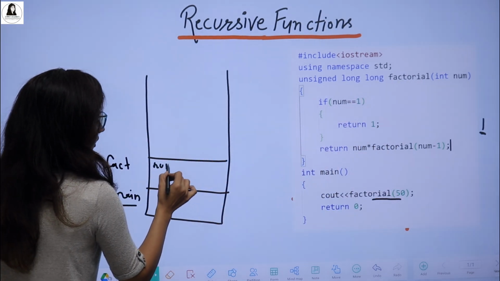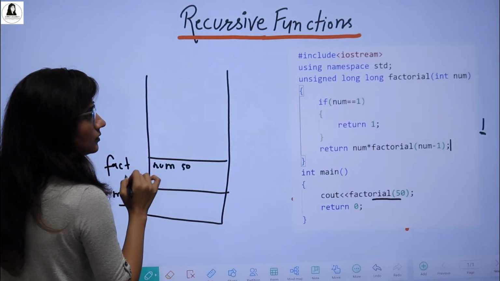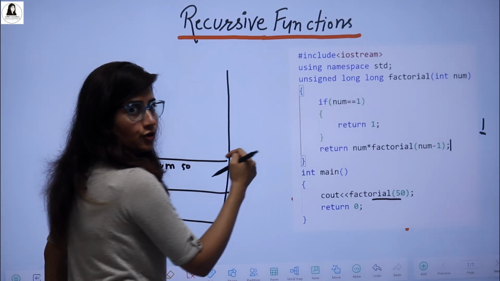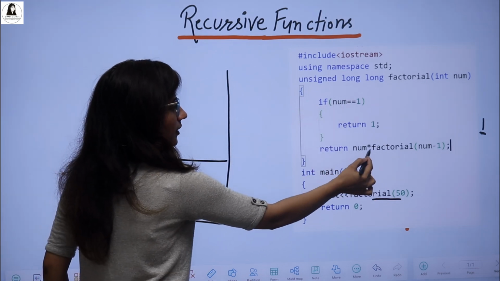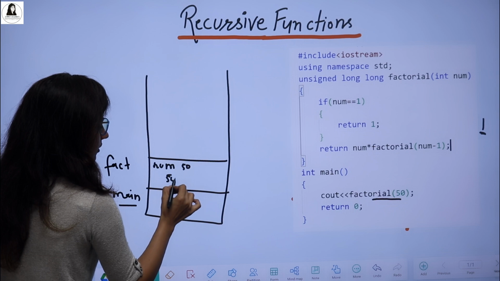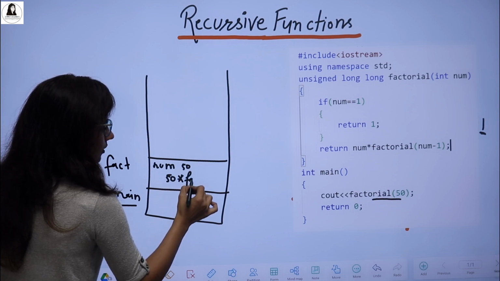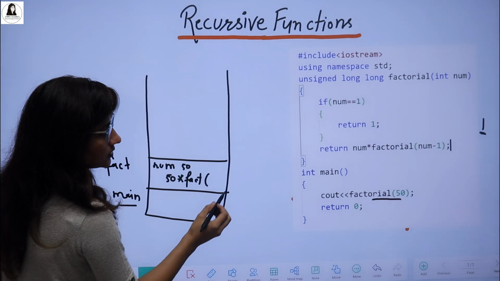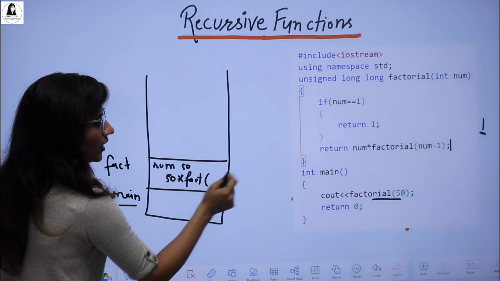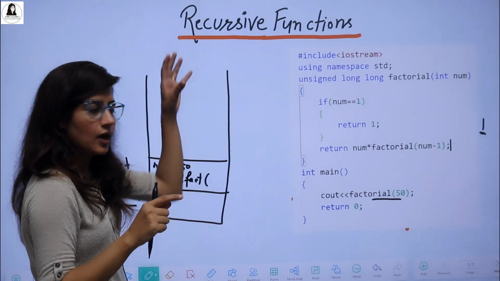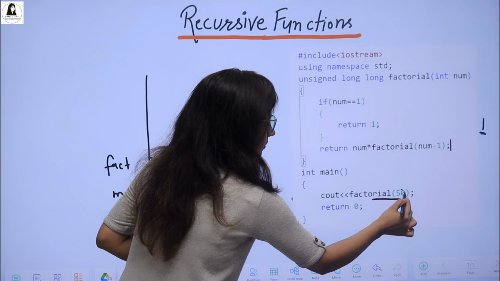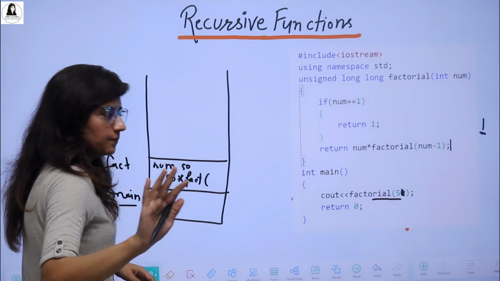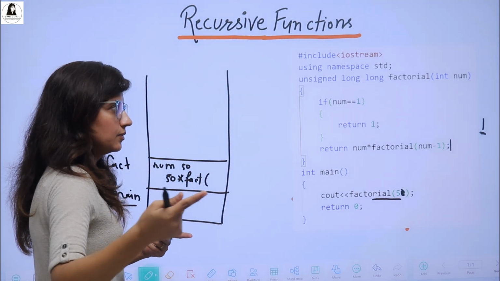So in this, the local variable for this function is num, and num is 50. Now is this condition true? No. So here return num into factorial n minus 1. So num is 50 into, I'm just writing in short form, fact num minus 1. Rather than 50, obviously it would be very large, so let's just keep it 5 only, just for your understanding purpose.